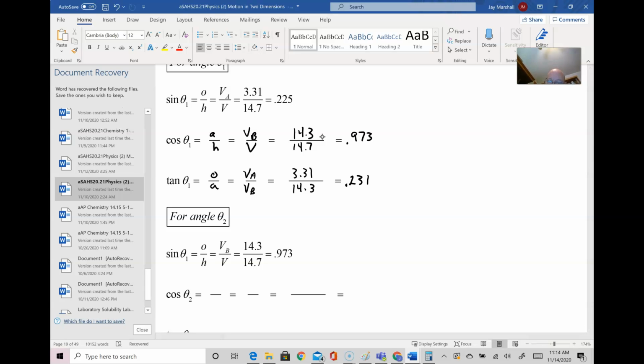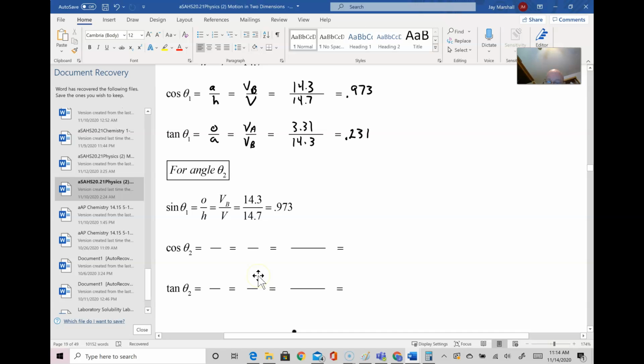And interestingly, this is the same value that I had for the cosine on the complementary angle. That's why they're called reciprocal functions, because the sine and cosine of one of the angles is going to be the complement or the reciprocal of the values for the complementary angle.